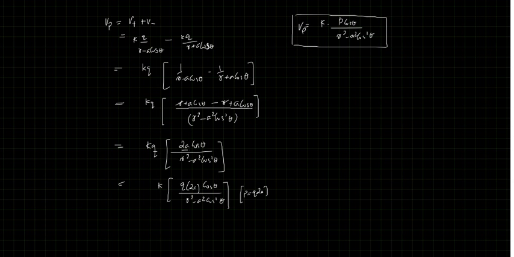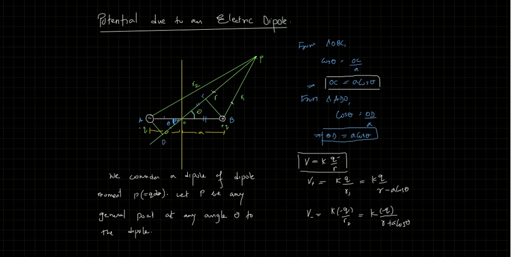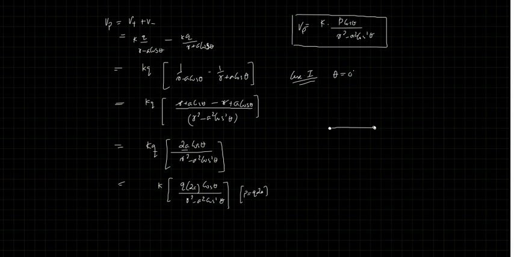Now, as it depends on the angle, that means there will be variation of potential in certain cases. Let's see. Case 1, theta equals, let's say, 0 degrees. Then what do you think will happen? If theta is 0 degrees, if I have the dipole here, here is the minus q charge, here is the plus q charge. So theta is 0, means the point is somewhere on the axial line.